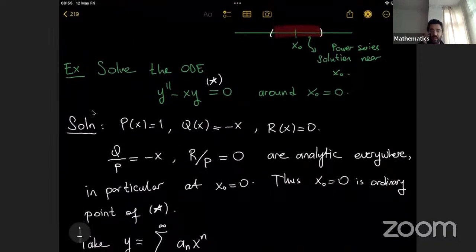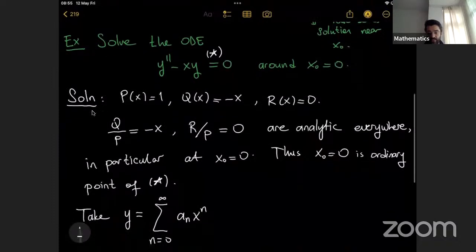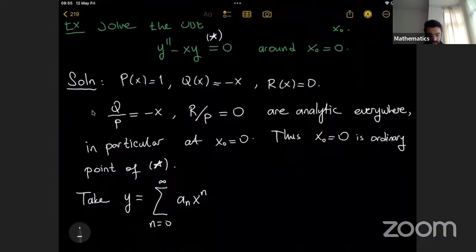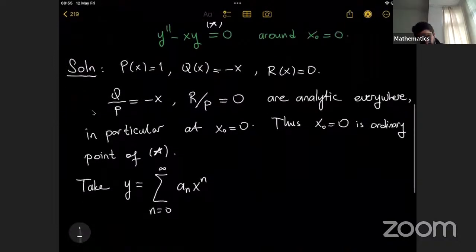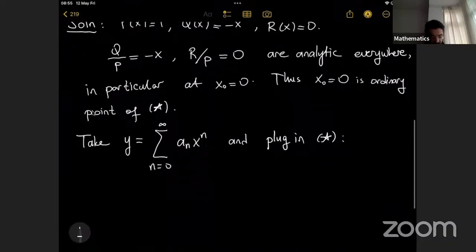So that's the idea. It's very straightforward. So you will take this y, you will need a second derivative, right? Because you have a second derivative in the equation, and put it back in star, okay? So to do that, we need the second derivative.